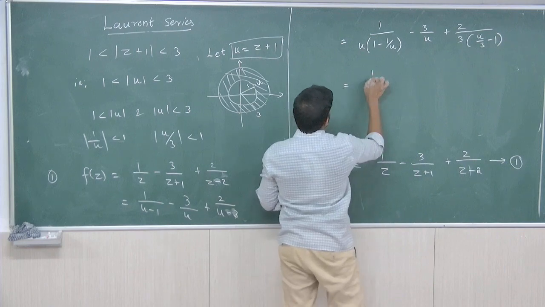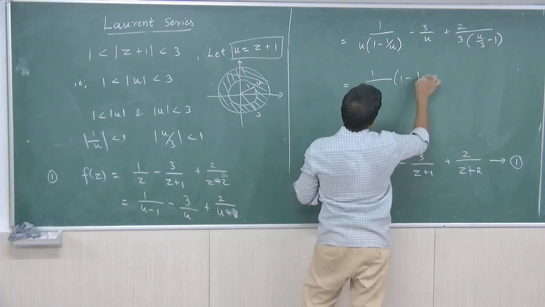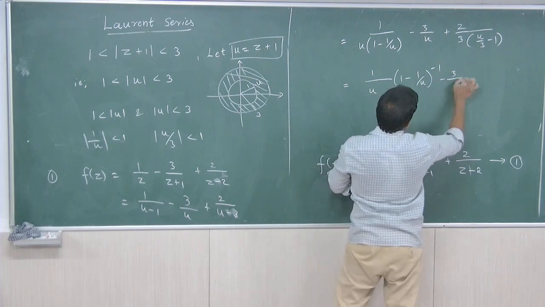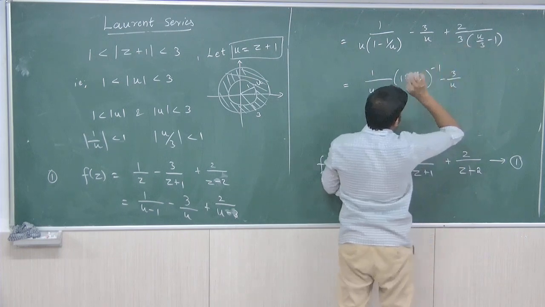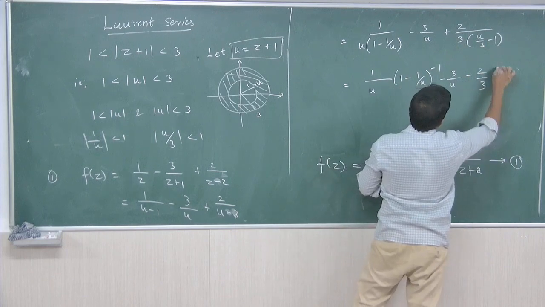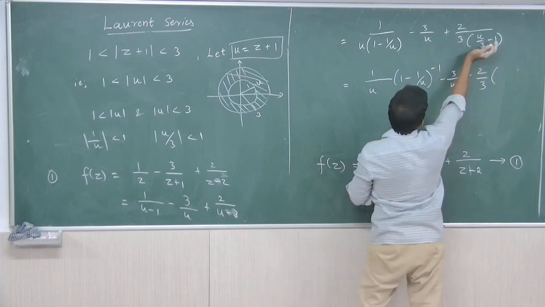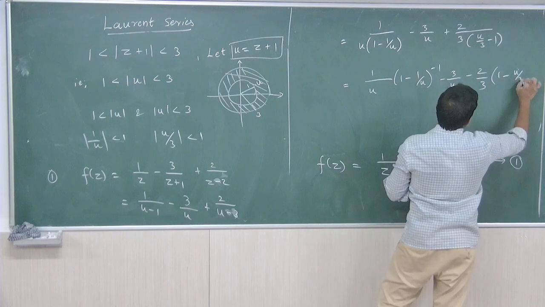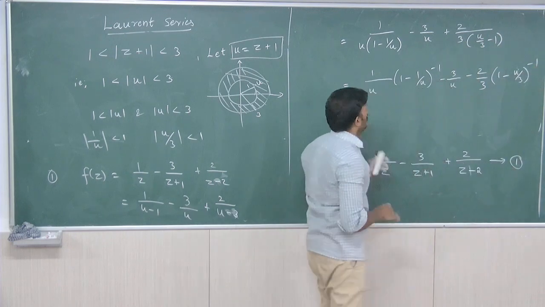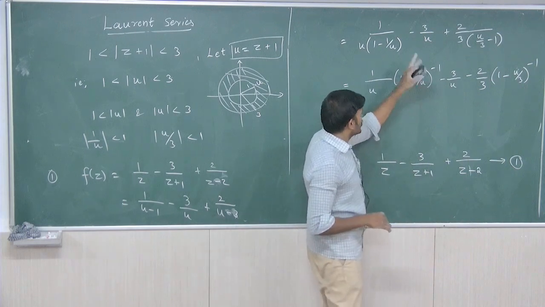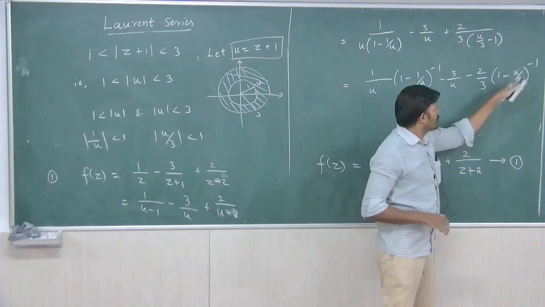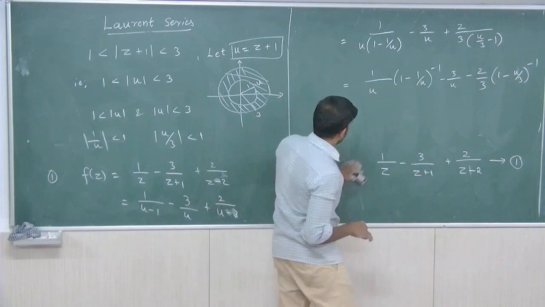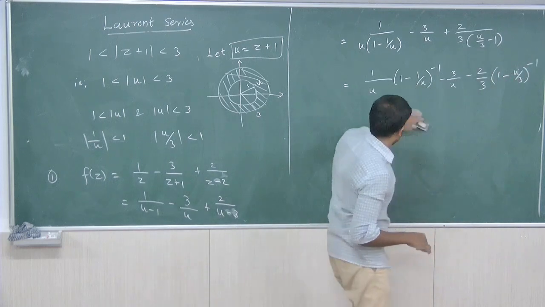So which is equal to 1 by u into 1 minus 1 by u whole power minus 1, minus 3 by u. If you take minus as a common term, 2 by 3, after taking minus, you have to shift this term to numerator. So 1 minus u by 3 whole power minus 1. Now you can apply, because modulus 1 by u is less than 1 and modulus u by 3 is also less than 1, you can expand by using binomial expansion.